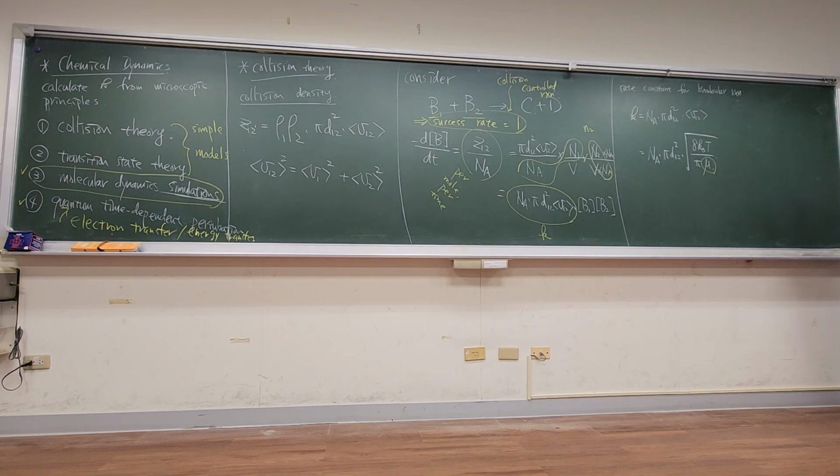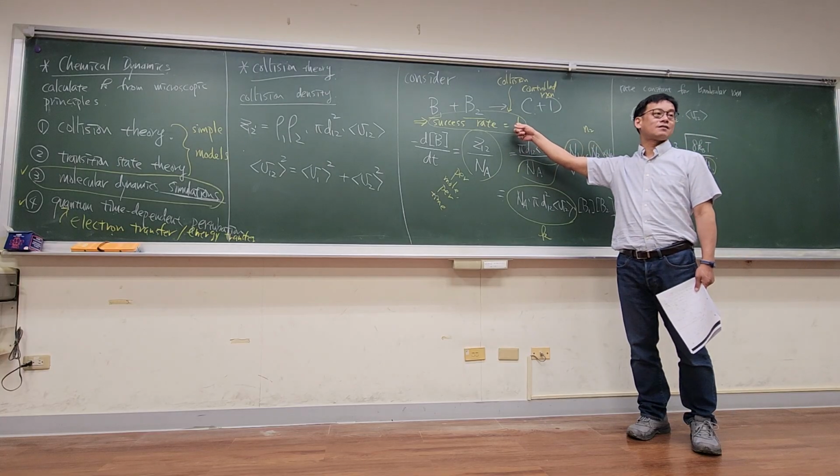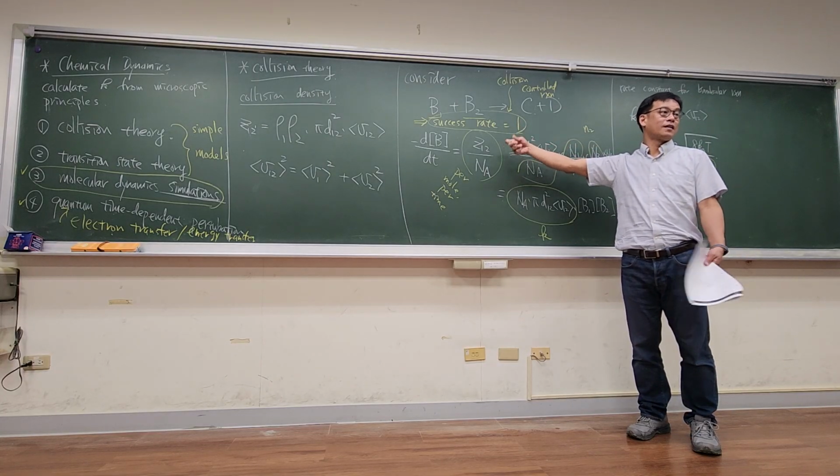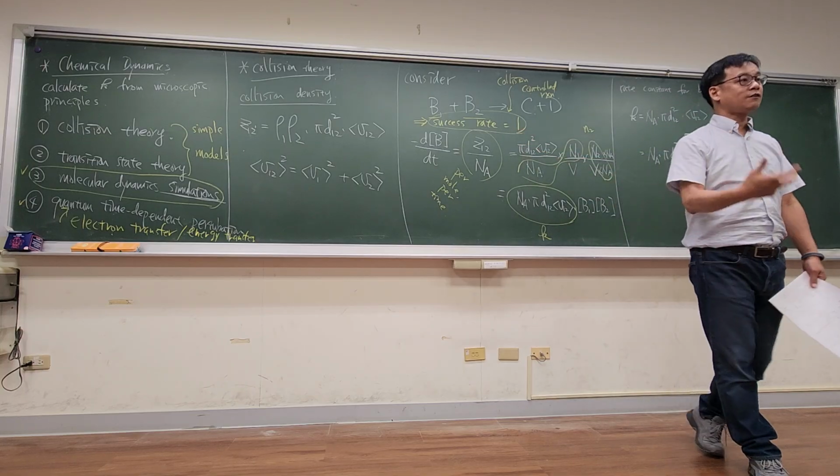But of course, this result does not really describe the real rate constant, the real reaction. Actually, it's very often very, very far away from the real rate constant. And very clearly, this assumption of success rate equal to 1 is the biggest approximation here. Most reactions have activation energy.